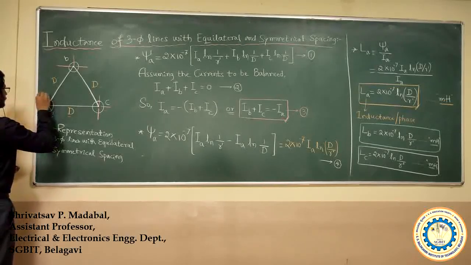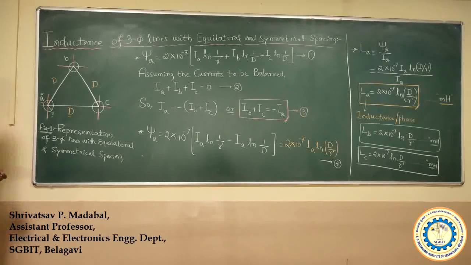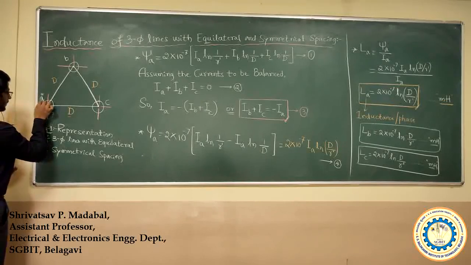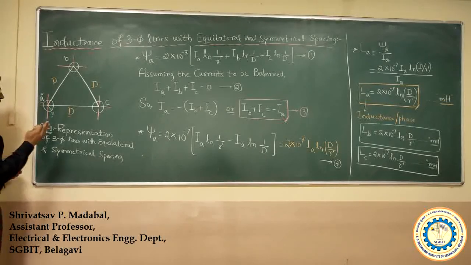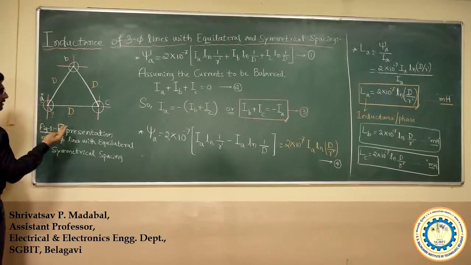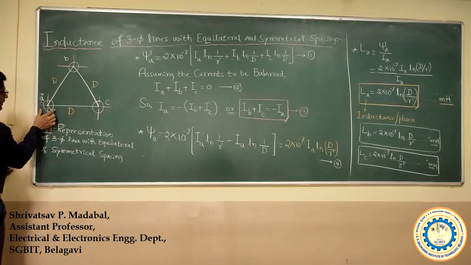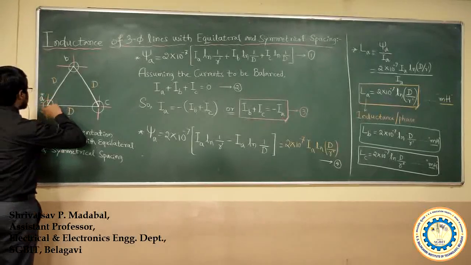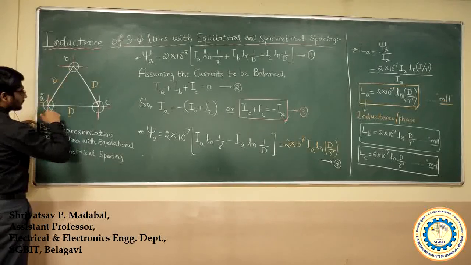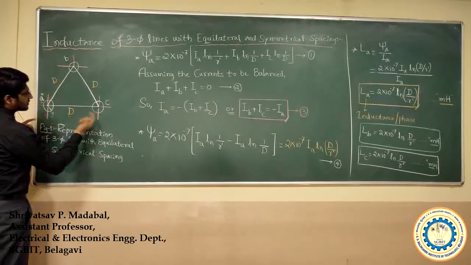If I am trying to find the flux linking with conductor A, there will be three terms. The first one will be the flux linking with respect to its own conductor, and then the flux linking with respect to conductor B, and the flux linking with respect to conductor C.